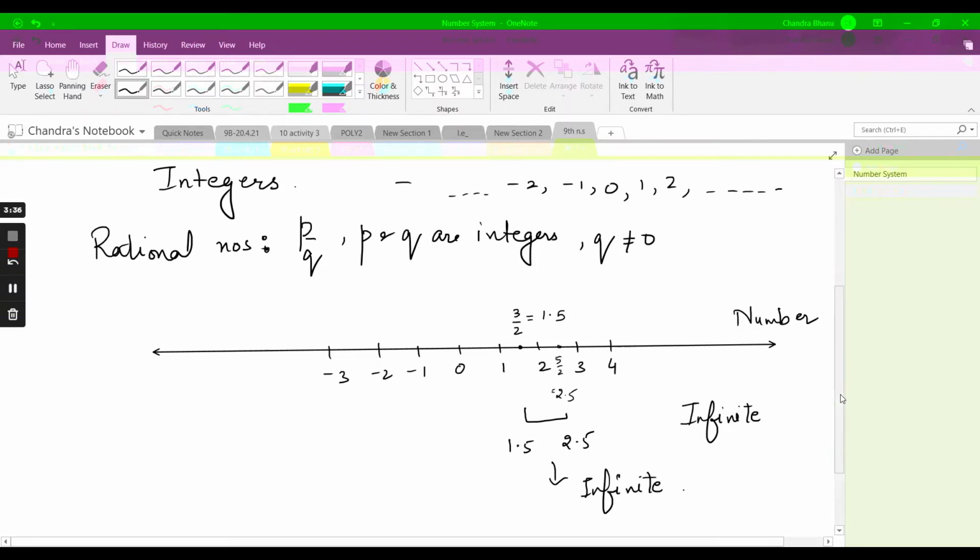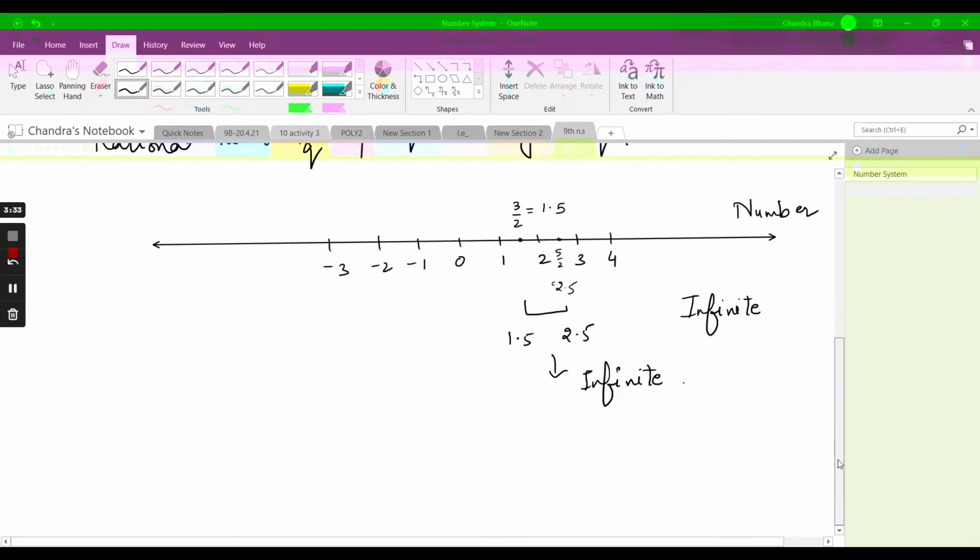Fine. Now, there is one more category of number, which is not rational, which lies on this number line. The number line will further be called the real number line. So, what are those numbers? Those numbers are called irrational numbers.